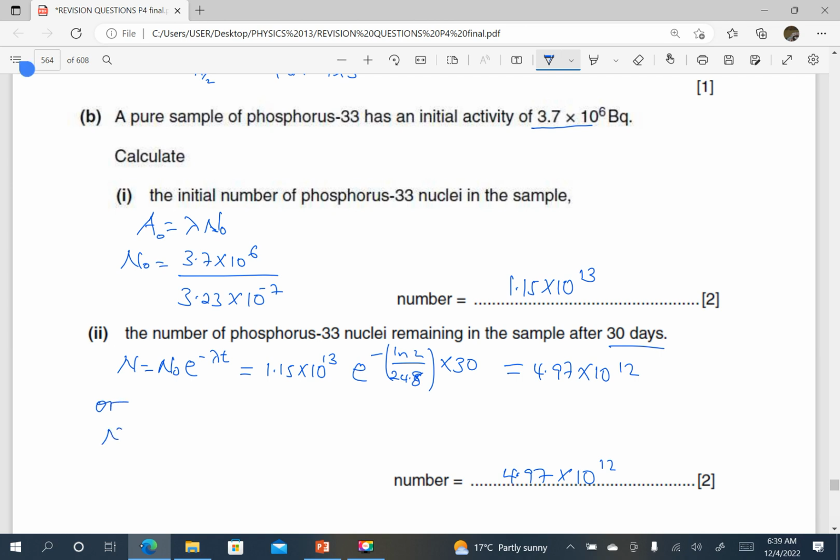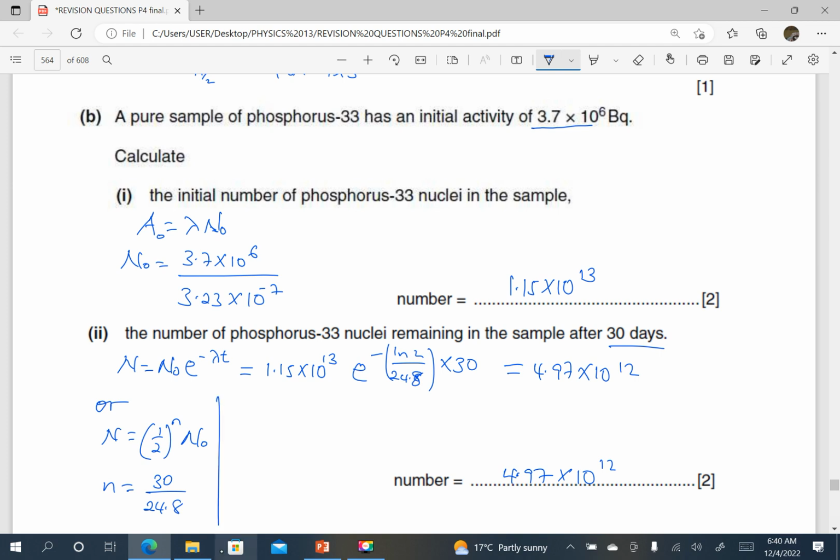We know that the number of nuclei present is equal to half power n times N naught. So what is n? n is the number of half-lives, remember. n is t over t half, so n is 30 over 24.8.